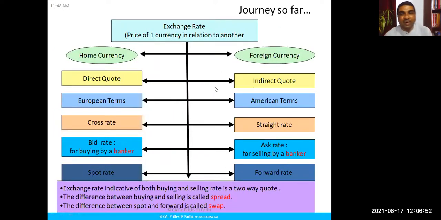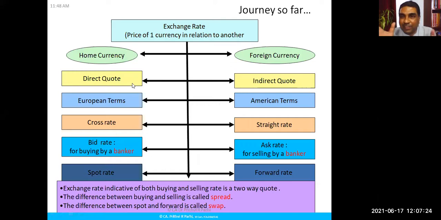Okay, friends. Now you see, the purpose of telling you all this by way of rules is that you remember some concepts. There is nothing like a rule here. These are basically concepts. So we have learned around 17 or 18 concepts as regards foreign exchange.